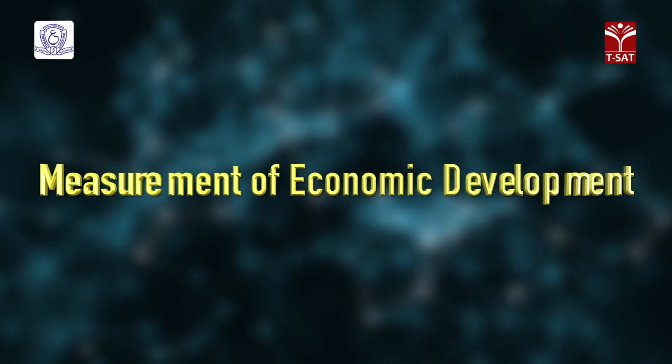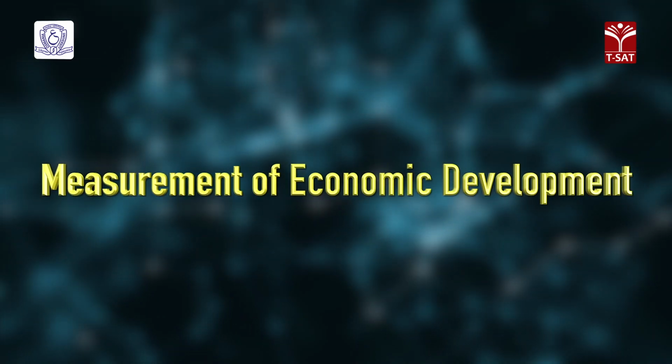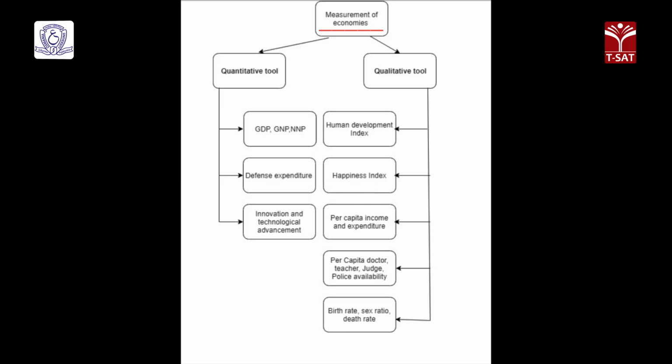Let me take you to the measurement of economic development. As per the measures of economies, there are 2 types of tools. One is the quantitative tool and another is the qualitative tool. The quantitative tool is basically measurement using quantitative techniques in which we take numerical values such as GDP, GNP and NNP, defense expenditure, innovation and technological development.